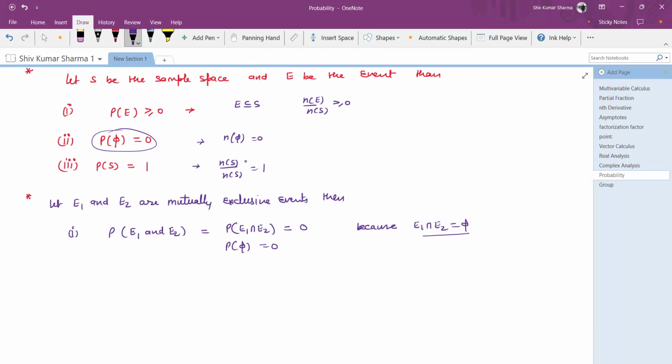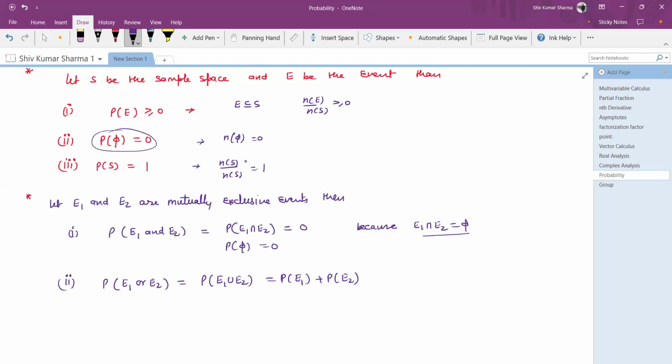Next, the second thing is the probability of event E1 or E2. Or E2 means we take the union. So P of E1 union E2 can be written as probability of event E1 plus probability of event E2.